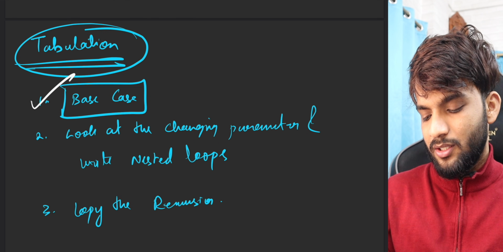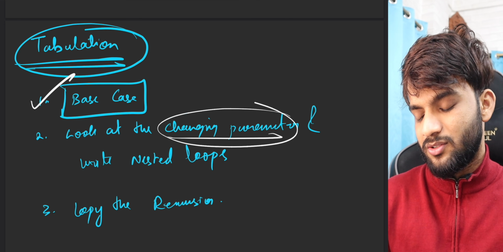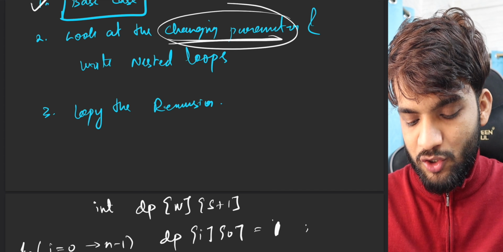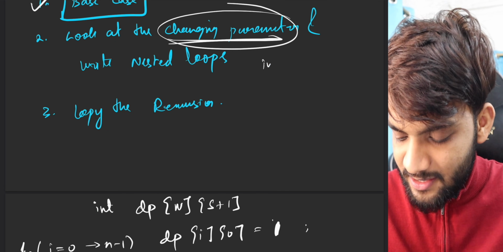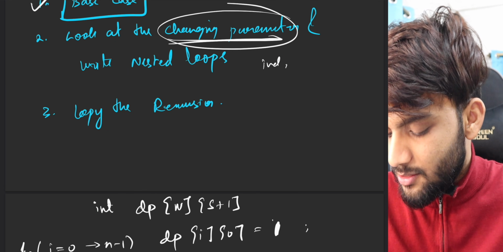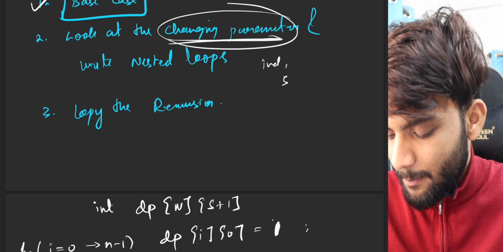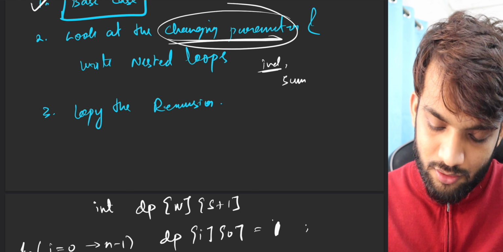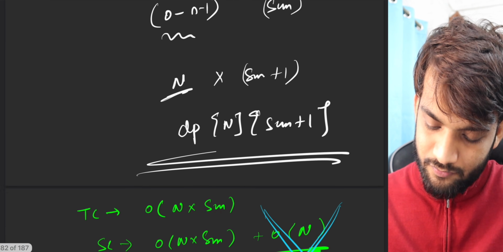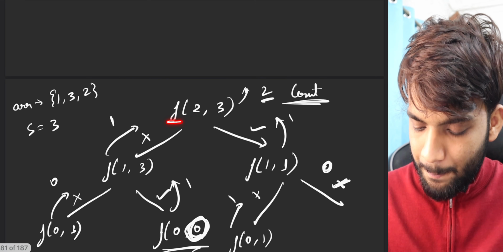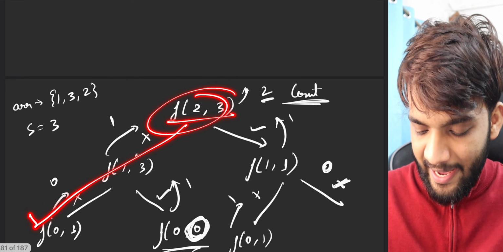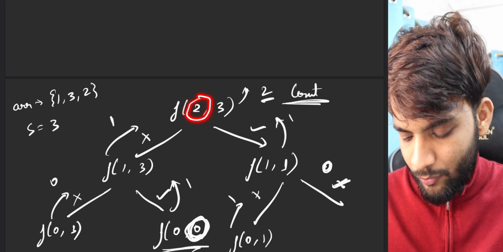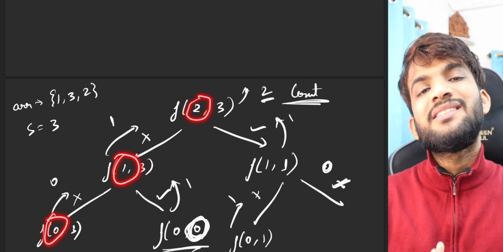What's the next? Look at the changing parameters. Which are the changing parameters? One is index, the other one is sum. What is recursion? Recursion is top down, then accumulate. So where did you start the recursion from? 2, 1, 0. What is tabulation?